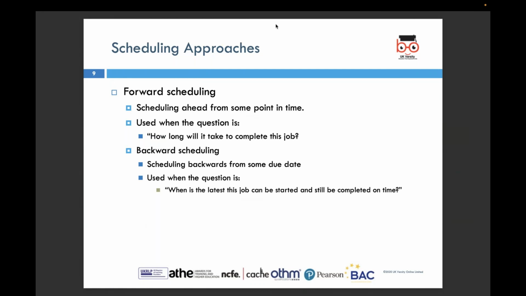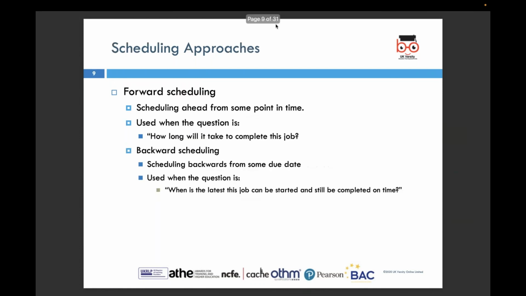In other words, we determine the earliest start date for each task and calculate the overall project duration based on the estimated time for each activity. The key steps involved in forward scheduling are identifying task dependencies, determining task durations, calculating start dates, and evaluating the project timeline.